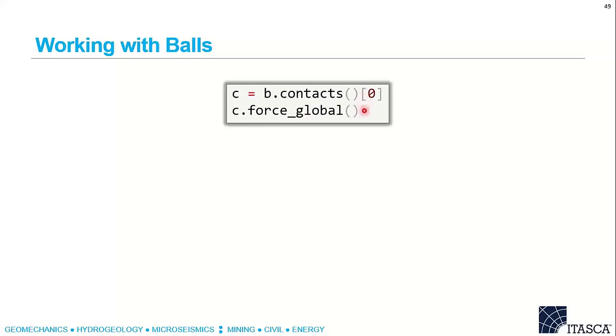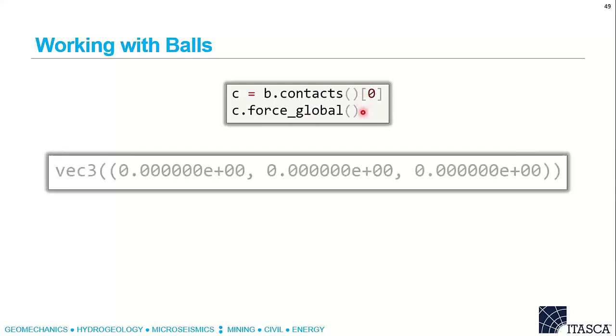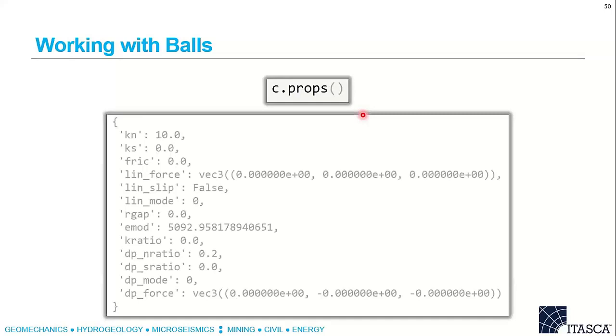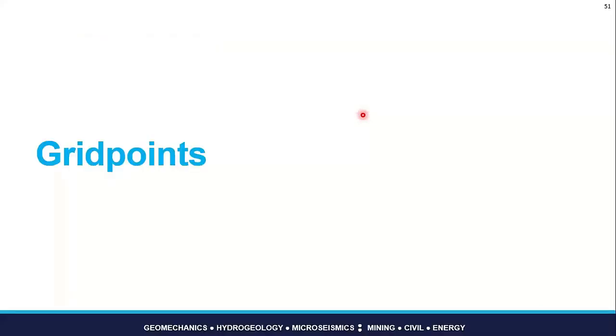You can then get information such as the global force from that contact, as well as all contact properties, which once again returns as a dictionary mapping the strings of the variables to the actual values itself.